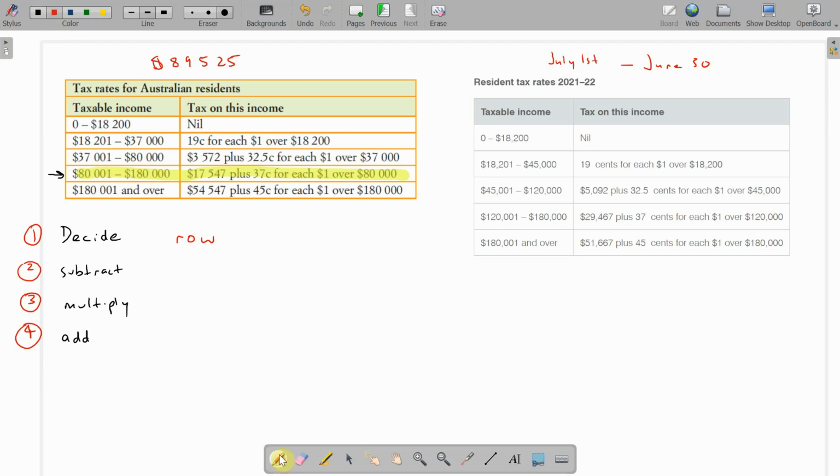Okay, so now we've decided our row, we've got to subtract. Well, what are we subtracting? We're going to find out how far into this bracket, into this row, this amount is. So what we do is subtract from our taxable income, 89525, minus this amount.